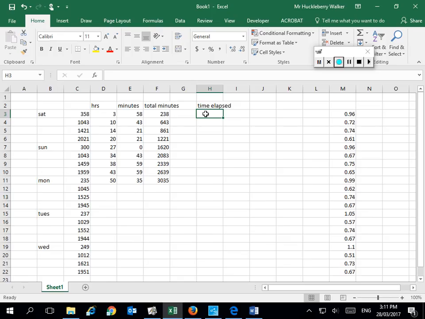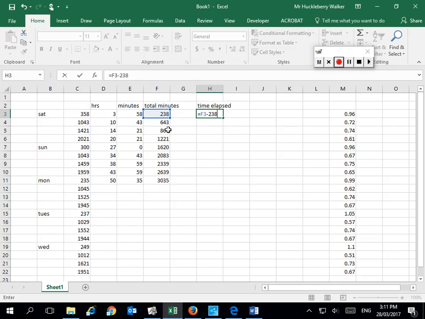So my time elapsed here should be 0. And instead of writing 0, I'm going to say, give me this cell minus 238. The reason I'm minusing 238 is because I'm trying to drag that time back to a starting point that is less by 238.